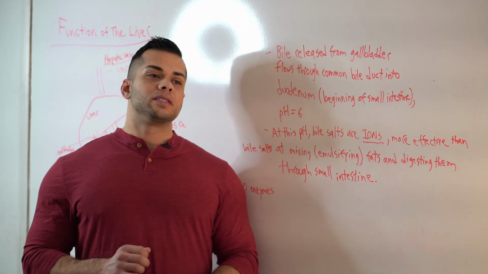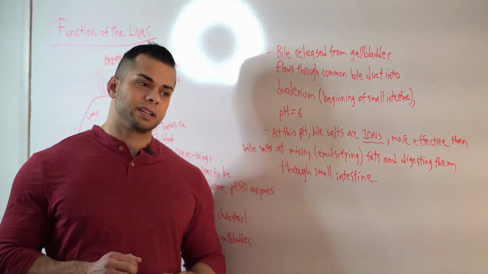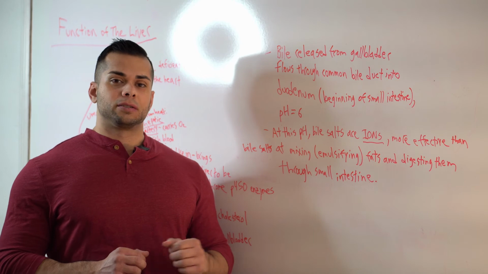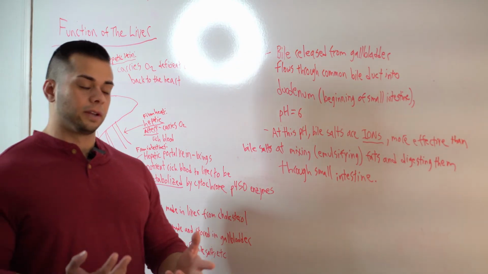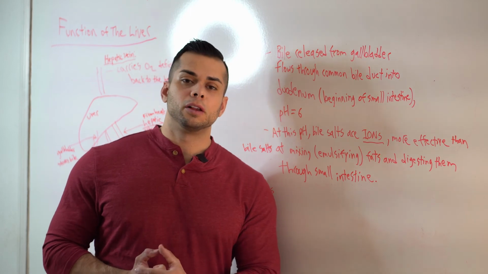So at this point, when bile salts enter the small intestine, they are ions, which means they have a negative charge because of this specific pH and the properties of these molecules.